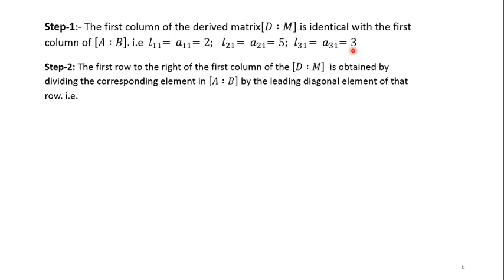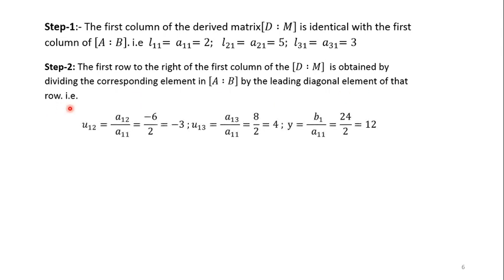Then you come to step number 2: the first row to the right of the first column of the derived matrix is obtained by dividing the corresponding element by the leading diagonal element of that row. We recall this formula by an example here.